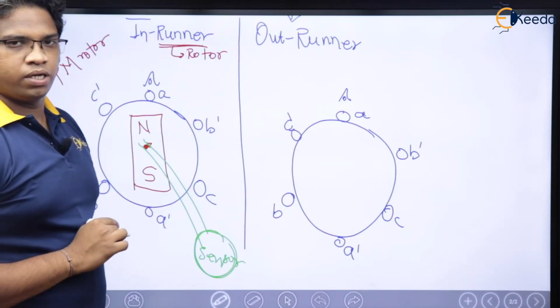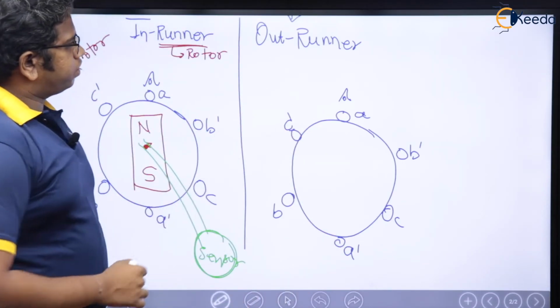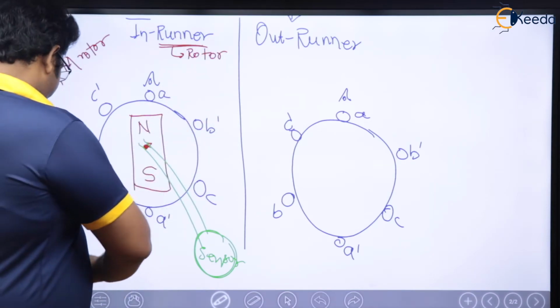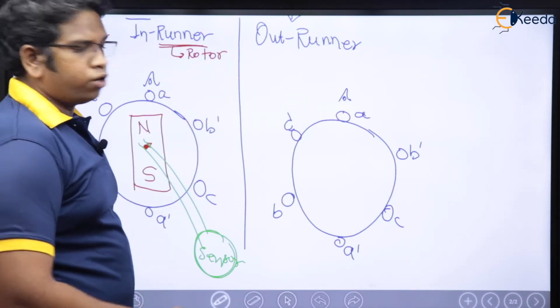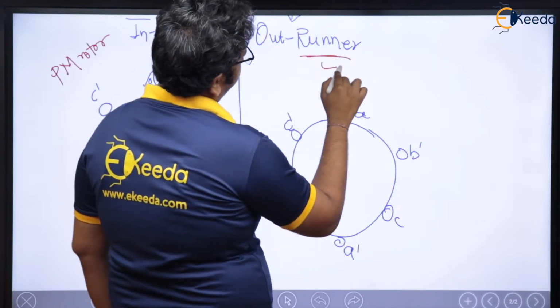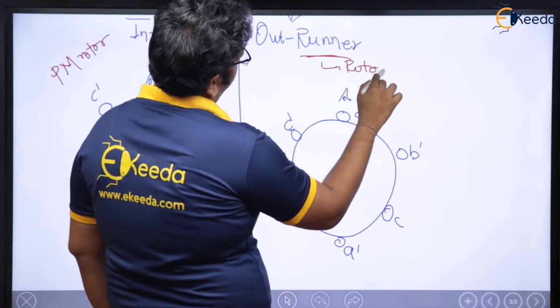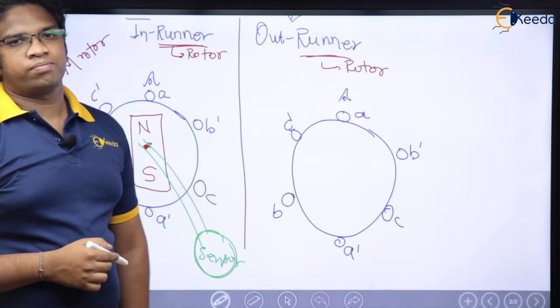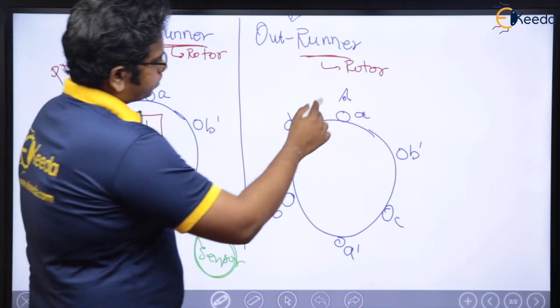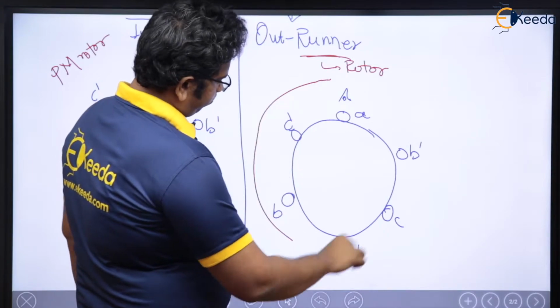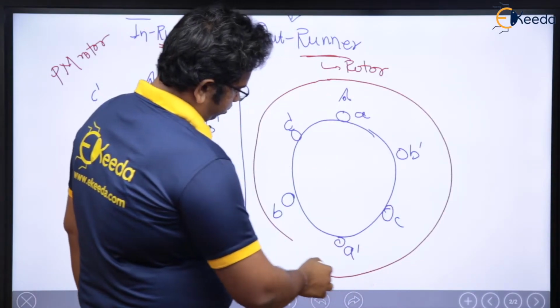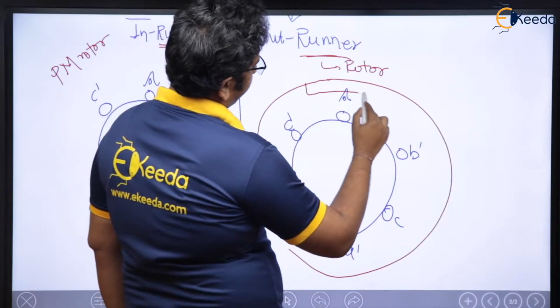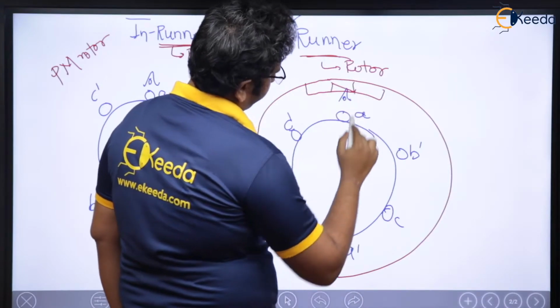Now, if you think of outrunner, it indicates what? Runner is nothing but rotor, already we have discussed. Outrunner in the sense, it is going to be outside. So this structure is going to be something like this. This is going to be the rotor.